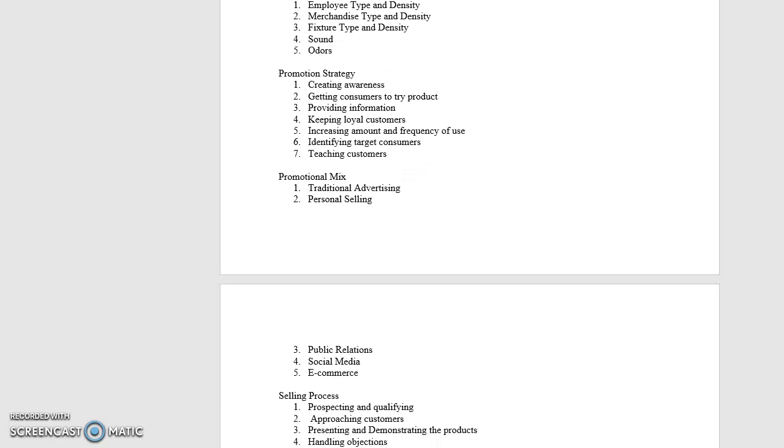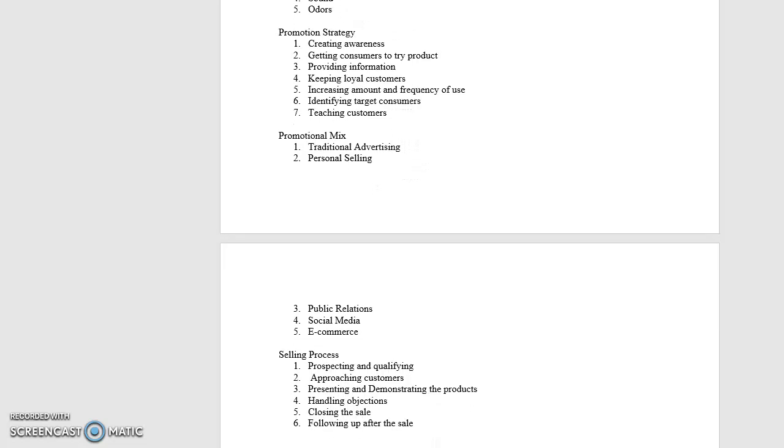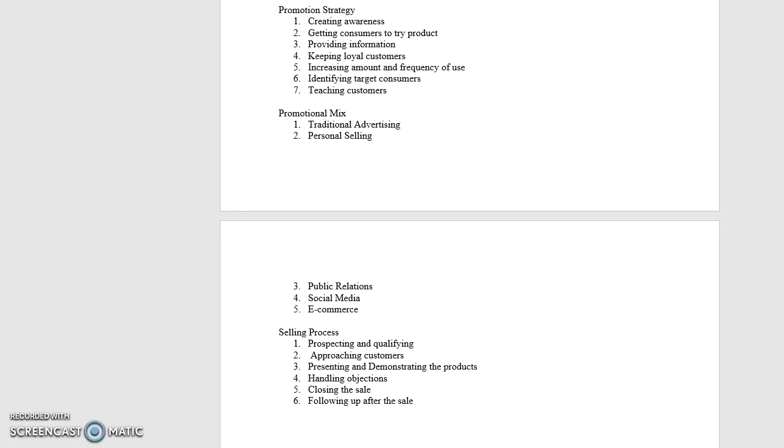The promotional mix. Traditional advertising. Think about billboards, television commercials, magazine advertisements, just the traditional advertising that we see every day.